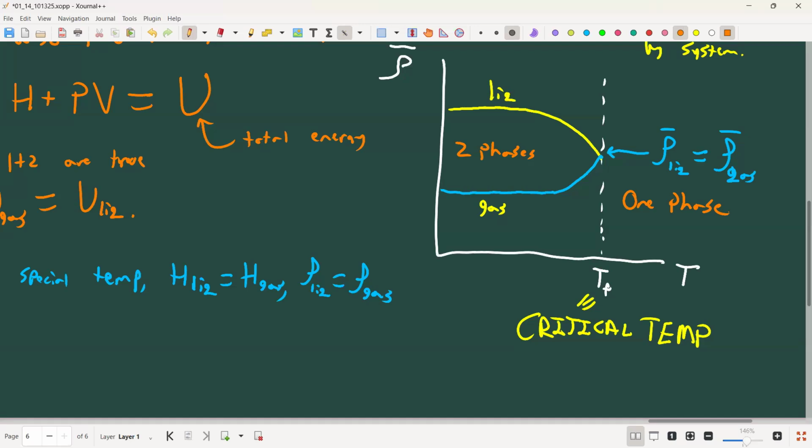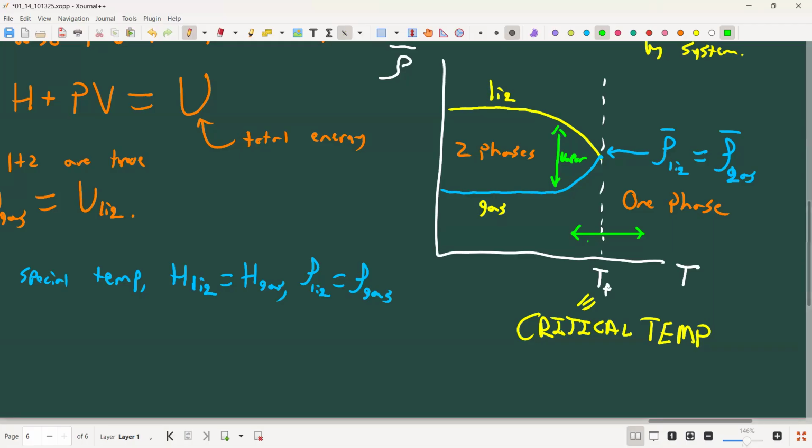So we have this new phase transition, right? We have a phase transition that goes between these two. That's the one you guys know and love, or know about at the very least. This is vaporization. And then there's this phase transition across this barrier between two phases and one phase.